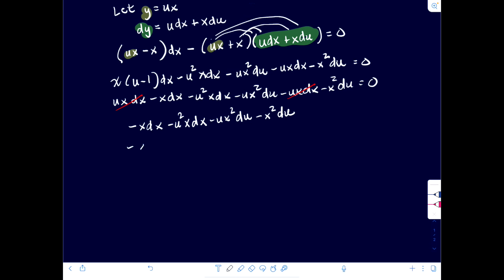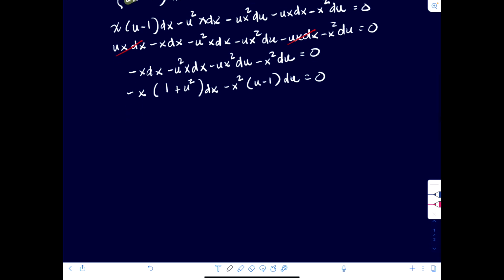So I'll factor out a negative x on the left from the first two terms, and then we'll have a 1 plus u squared, and then times dx. And if I factor out a negative x squared from the second term, I will be left with a u minus 1 and then a du. All of these are equal to 0.